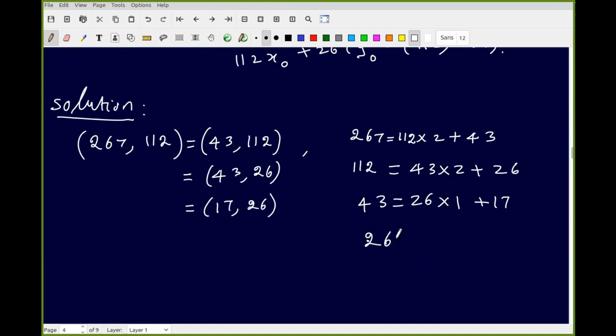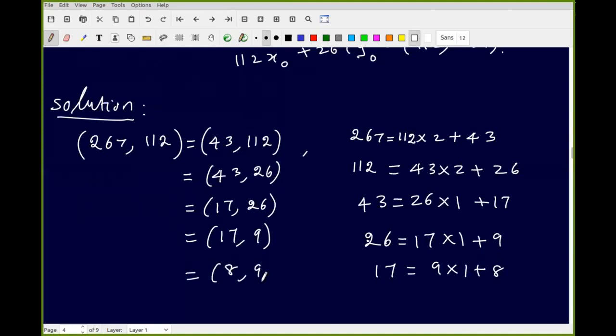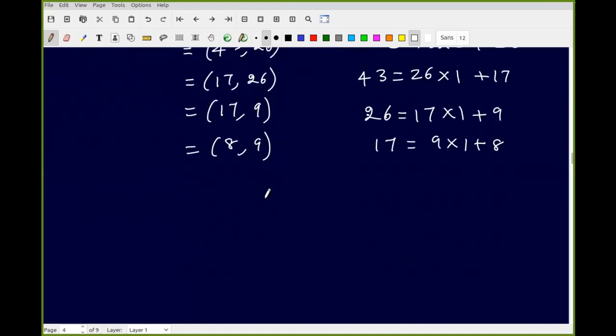Okay, one more division algorithm. 17 times 1 plus 9 equals 26. So 9 replaces 26. And 17 is 9 times 1 plus 8. So here 8 replaces 17.